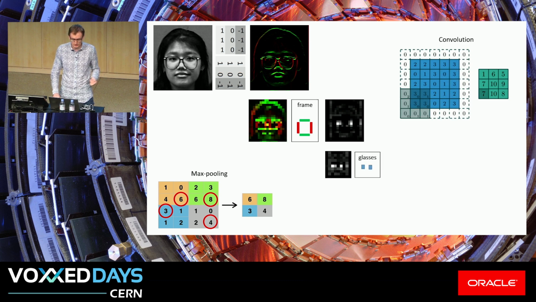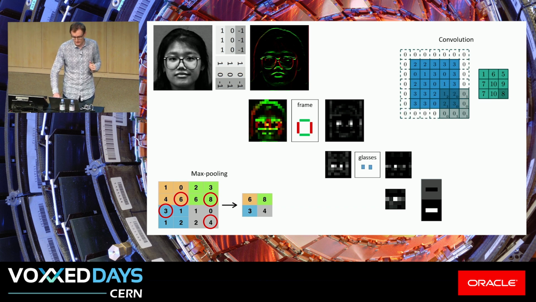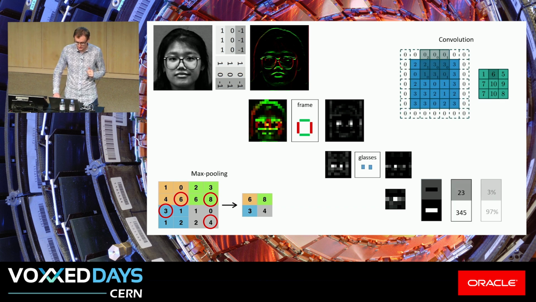It's a very simple filter to correlate the two dots with. And after that, we zoom out a little bit. If there is a dot somewhere in the middle, or if there is not, depending on that, we have some result. And with that, we can see that this lady, with 97%, she has glasses, which is a good result.